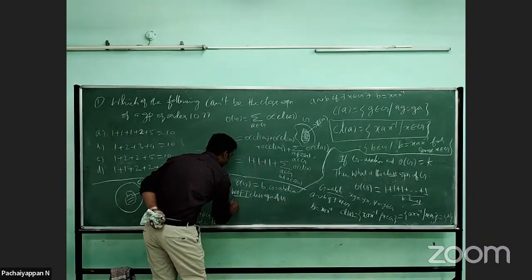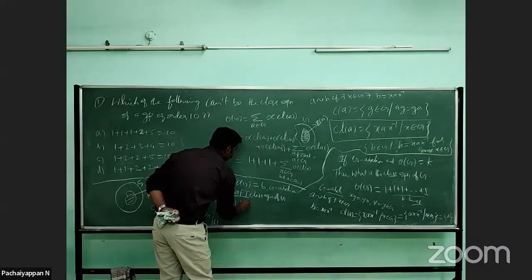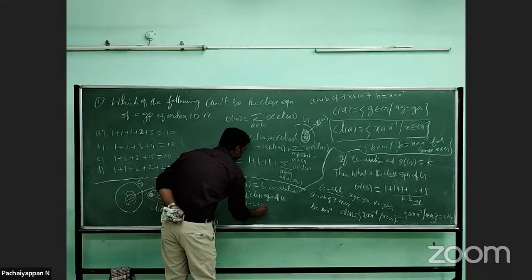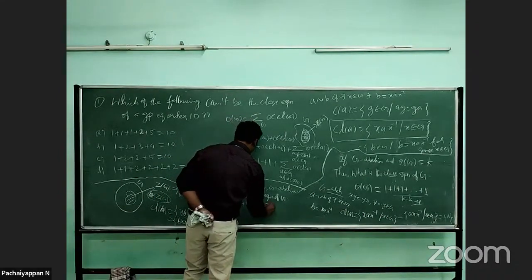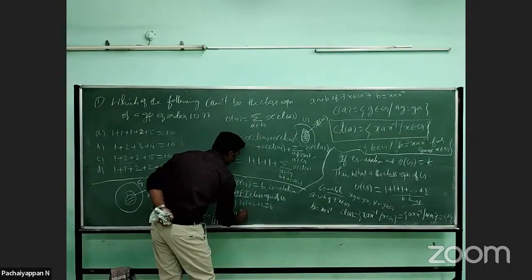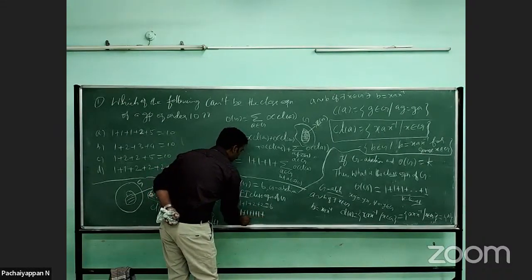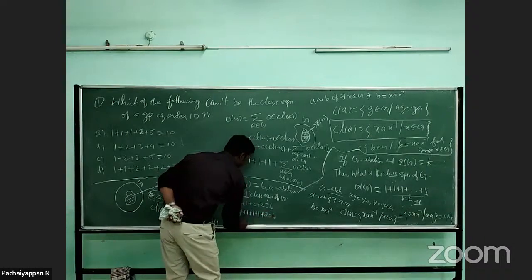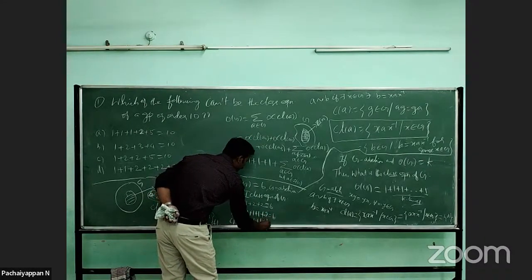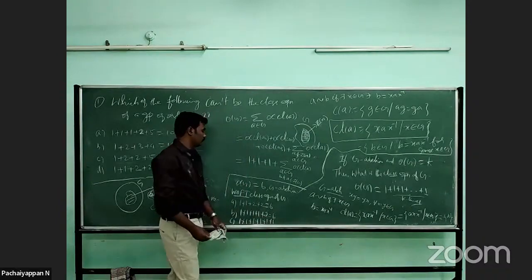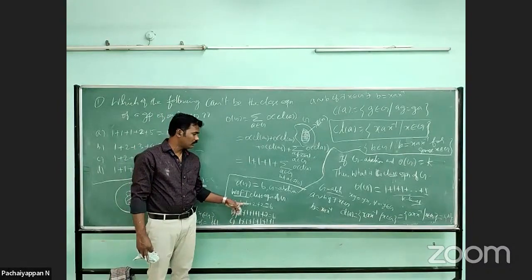I will write here. 1 plus 1 plus 2 plus 2 equal to 6. 1 plus 1 plus 1 plus 1 plus 2 equal to 6. 1 plus 1 plus 1 plus 1 plus 1 plus 1. Which is the correct one?